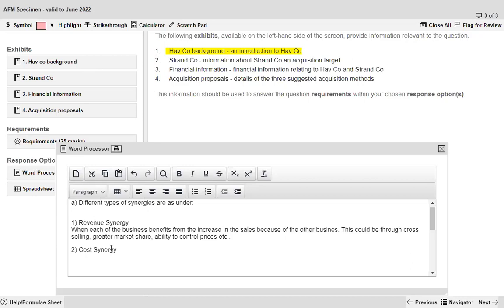Cost synergy is basically the cost savings that arise because of the merger and acquisition.